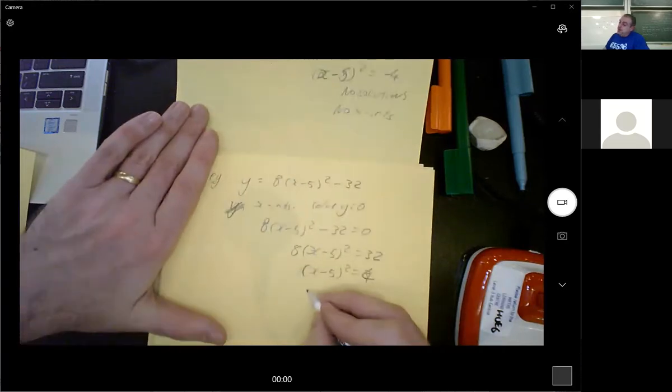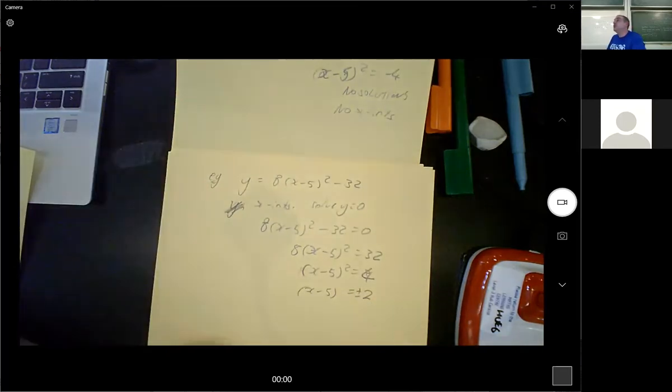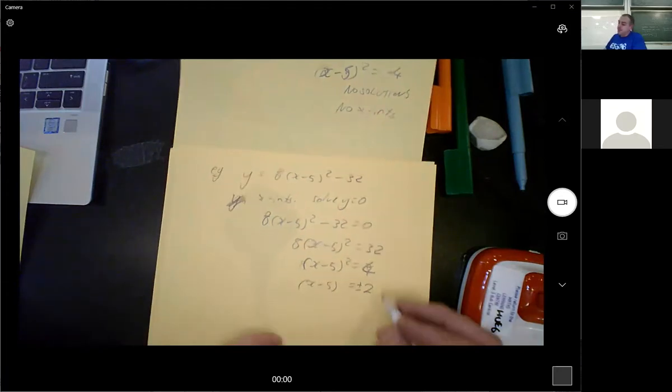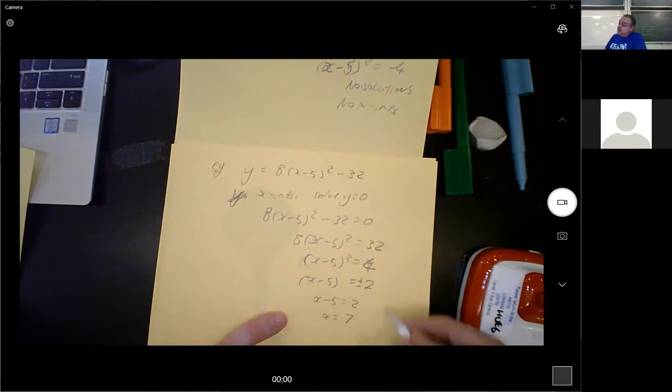Four, and then doing the square root. And it could be either plus 2 or minus 2. And then I could add 5 to both of those answers. So either x minus 5 is 2, which would make x equal to 7, or x minus 5 is minus 2, which would make x equal to 3. And that's our 2 answers.